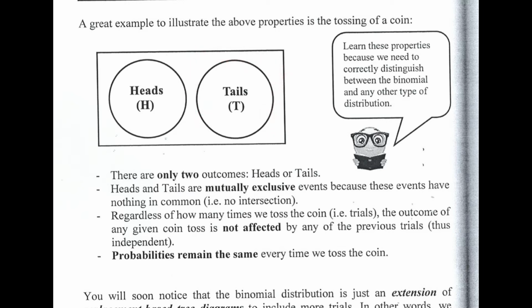It can't land on none of them. Heads and tails are mutually exclusive, they don't intersect, and it doesn't matter how many times we toss the coin, the outcome of any given coin toss is not affected by the previous trials. That makes it independent. And lastly, the probabilities, as I've explained previously, remain the same every time that we toss the coin.